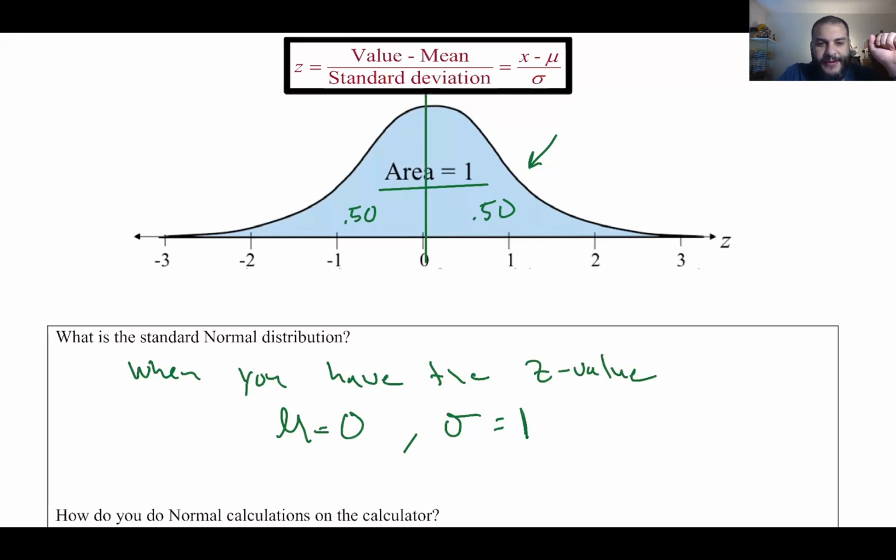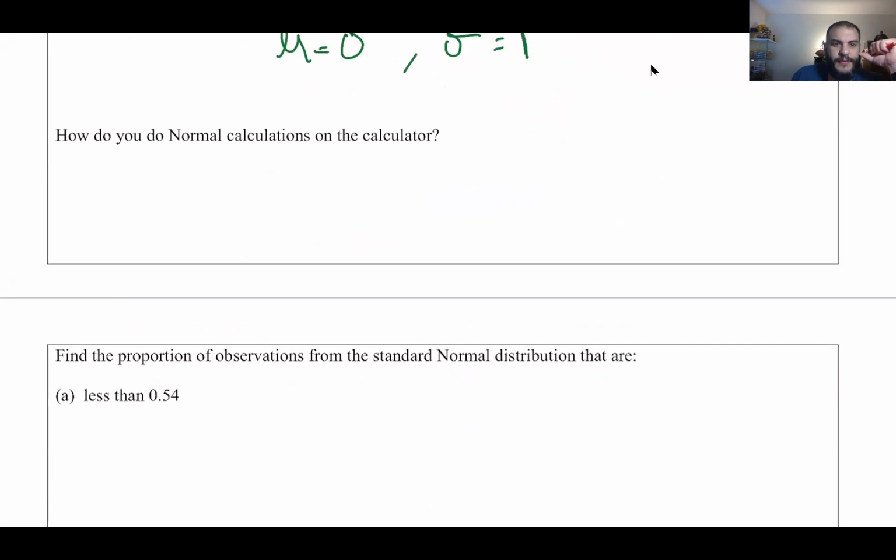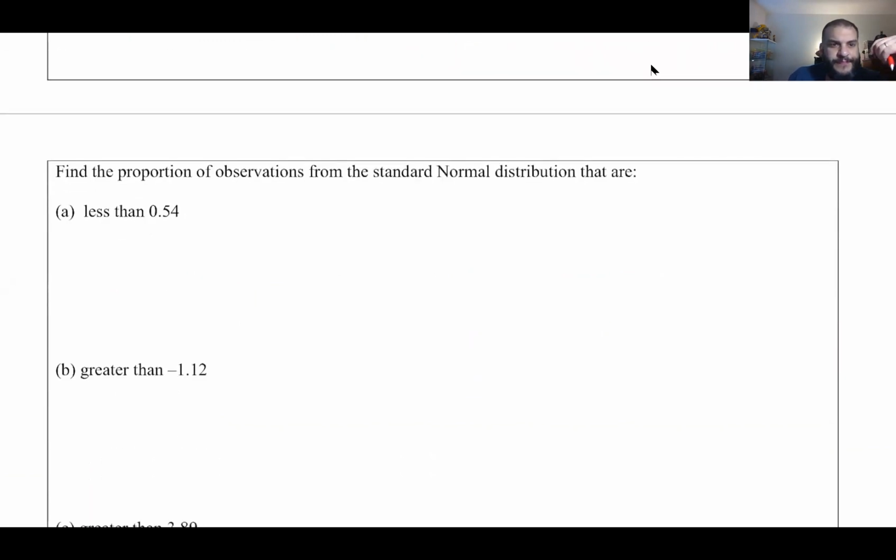All right, so let's move on down. For this one, it says find the proportion of observations from the standard normal distribution that are less than 0.54. I'm going to write it two different ways.